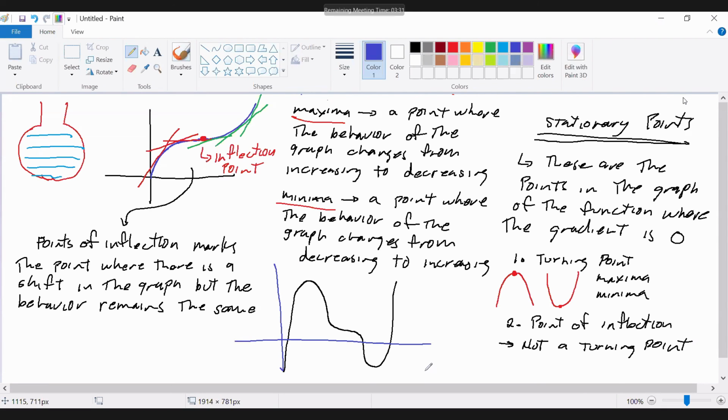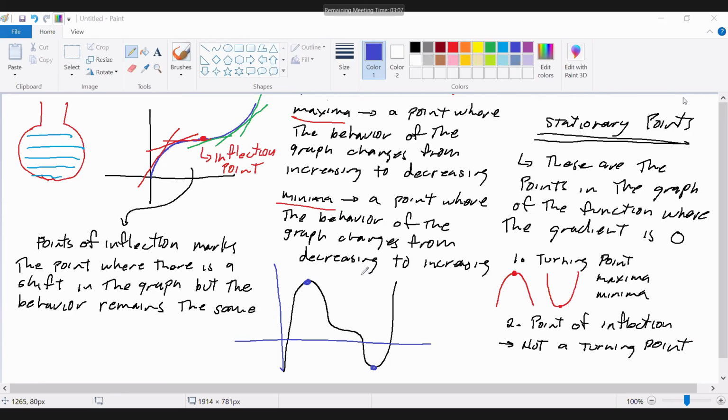How many turning points do we have? 2. There will be 2 turning points. Here, one maxima, one minima. And then, what else? We can check the behavior of the graph here, but what we will get there is points of inflection. Okay?